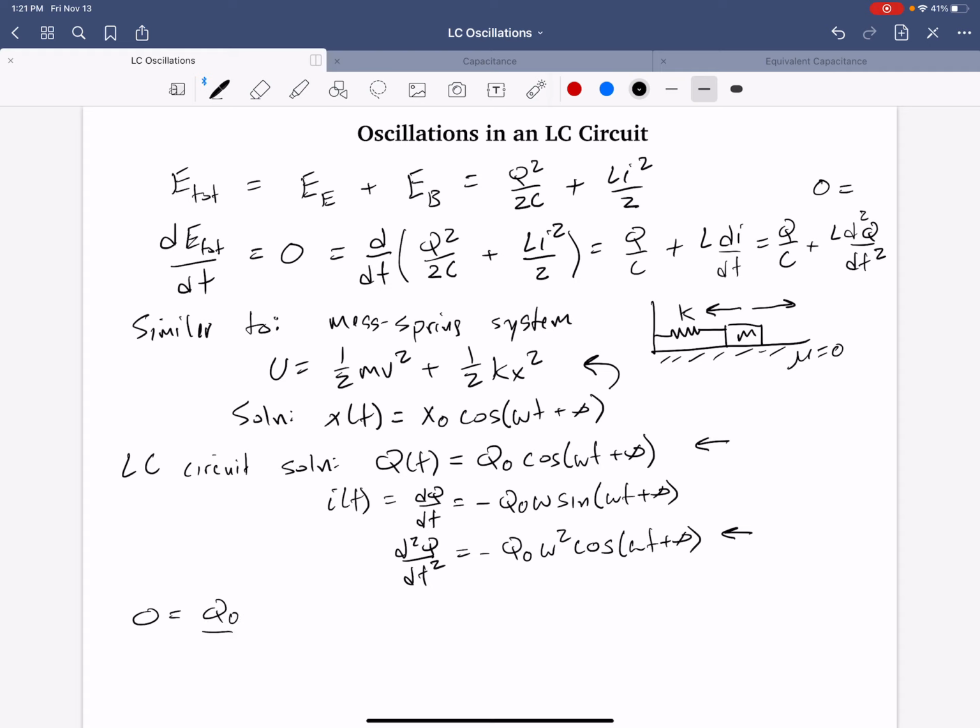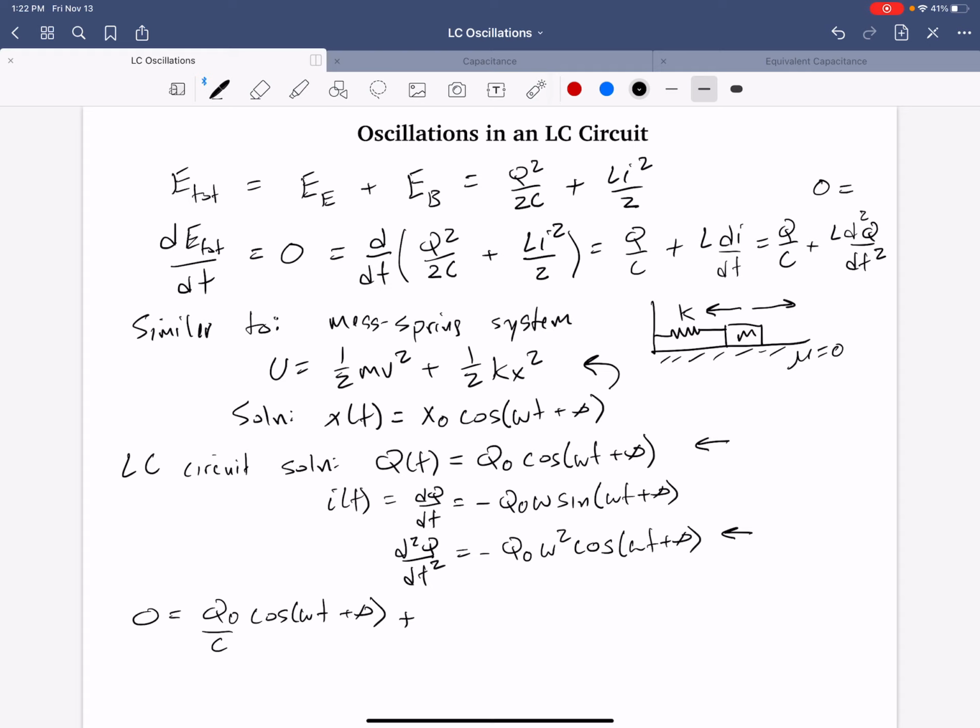So in other words, this was our q of t, and I plugged it in for q right there. Now we need to plug in d squared q dt squared, which we found right here.